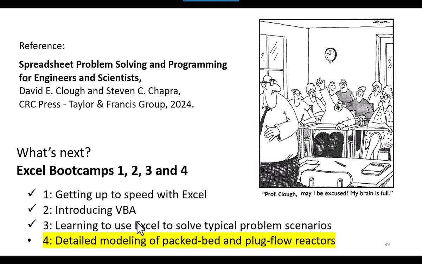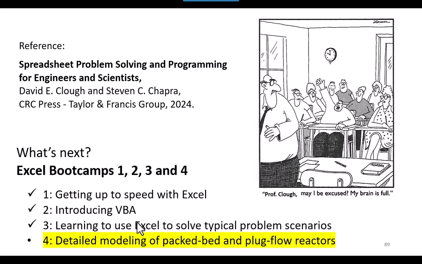So this completes the final screencast for Bootcamp 3, and we provide a reference here, and we note that we have been through fairly extensive examples about how to use Excel and VBA to solve typical problem scenarios in chemical engineering.